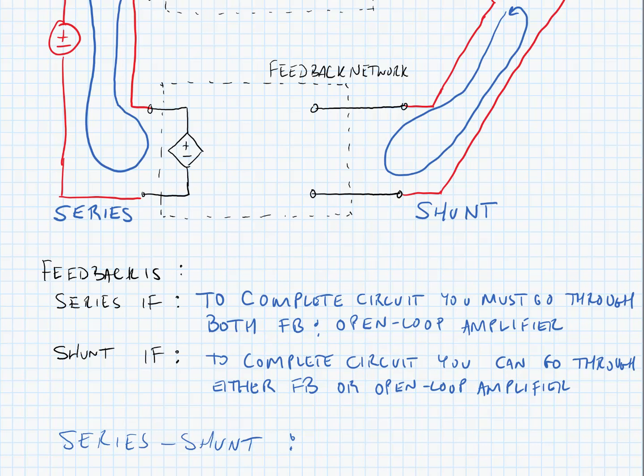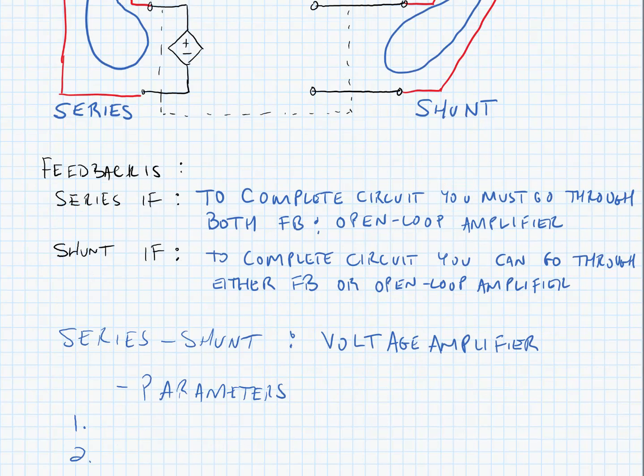All right, so if we want to analyze the series shunt amplifier, we know that this is a voltage amplifier, as we just said. A voltage amplifier uses H parameters.